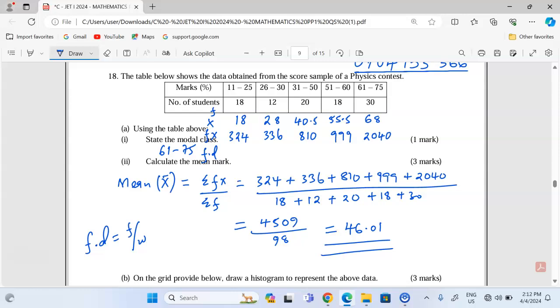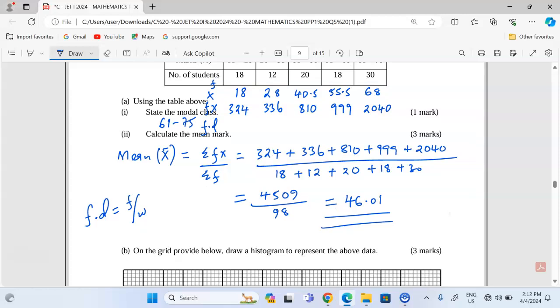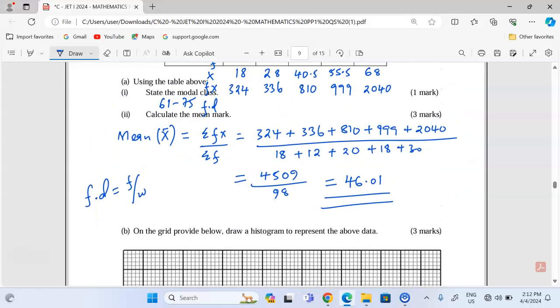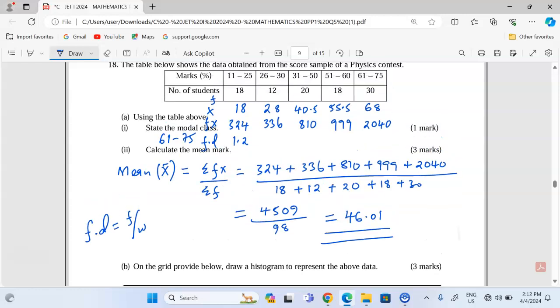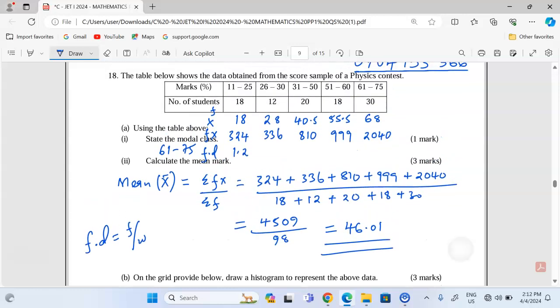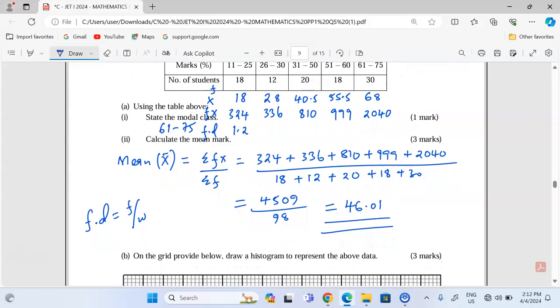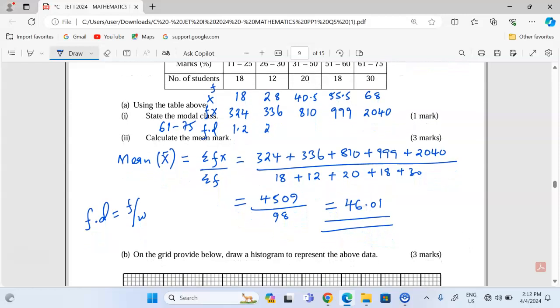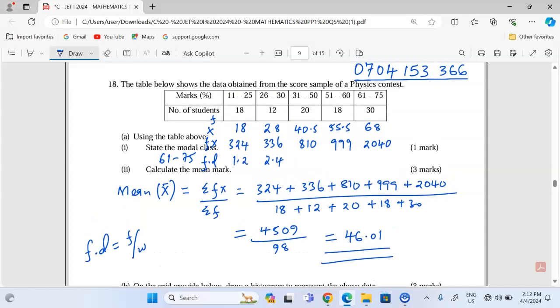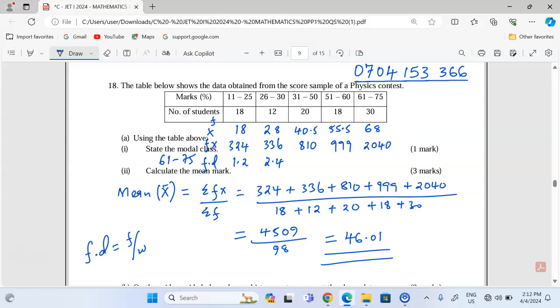Therefore, we divide 18 by 15, that gives us 1.2. We go to the next, 12, we divide by a class interval of 5, and that gives us 2.4. We go to a frequency of 20 and a class interval of 20, so that gives us exactly 1.